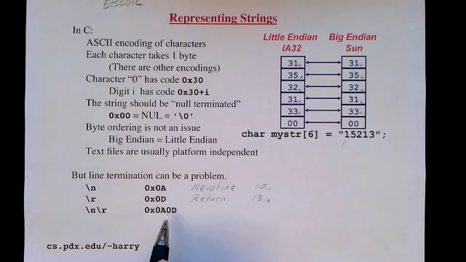So it's not usually a problem, but just be aware that some text files terminate lines with 0A, some with 0D, and some with both. And if you read a text file and it prints out all on one line, for example, it may be because you've got a problem with the line end characters.